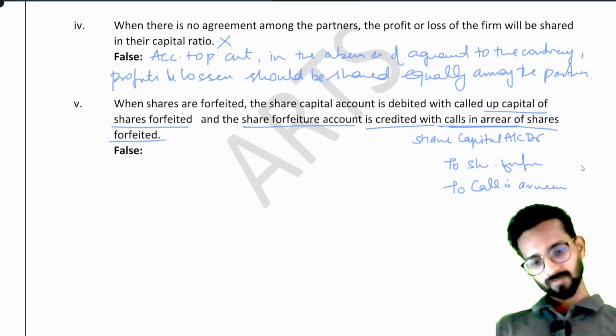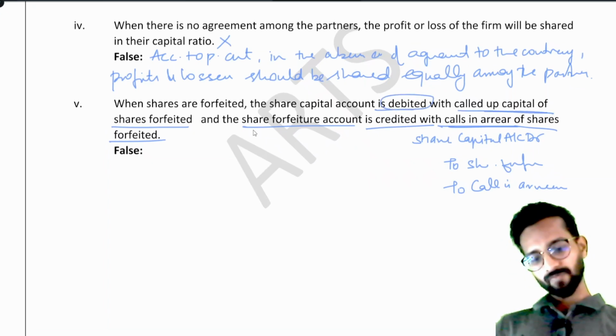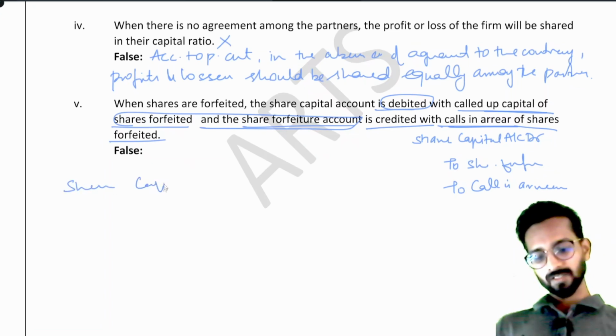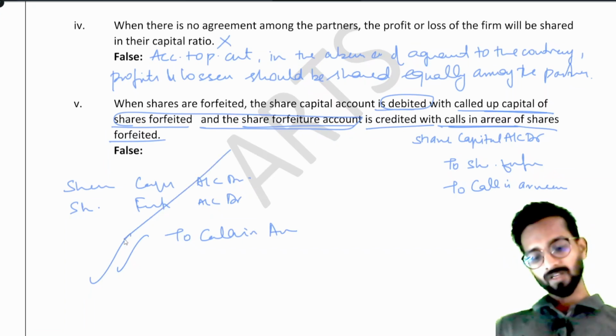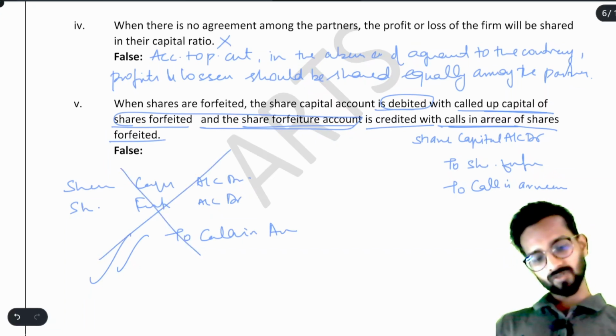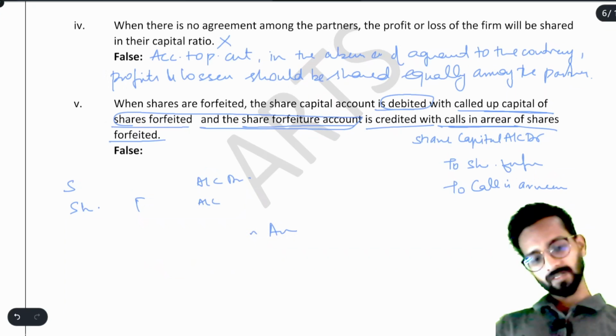They are saying the entry you must pass is share capital account debit, share forfeiture account debit, to calls in arrears. We have to tell our question, no sir, whatever you are saying is wrong, because this is our correct entry.